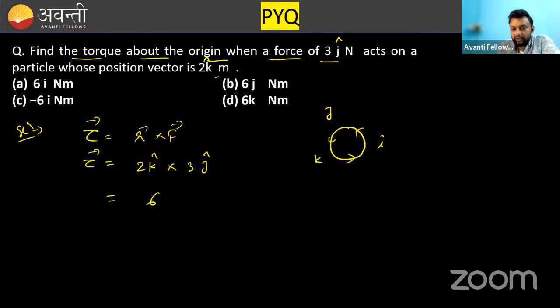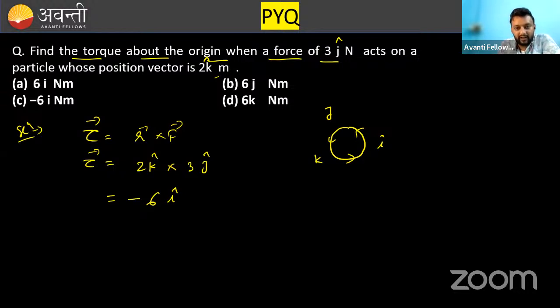The product of any two will be the third one. So k cross j, the product will be of i cap. That's for sure. But if you are moving in the direction of the arrow, then it will be positive. If you are moving opposite, it is negative. So k cross j is what? Minus i cap. I am writing minus here. This is i cap.